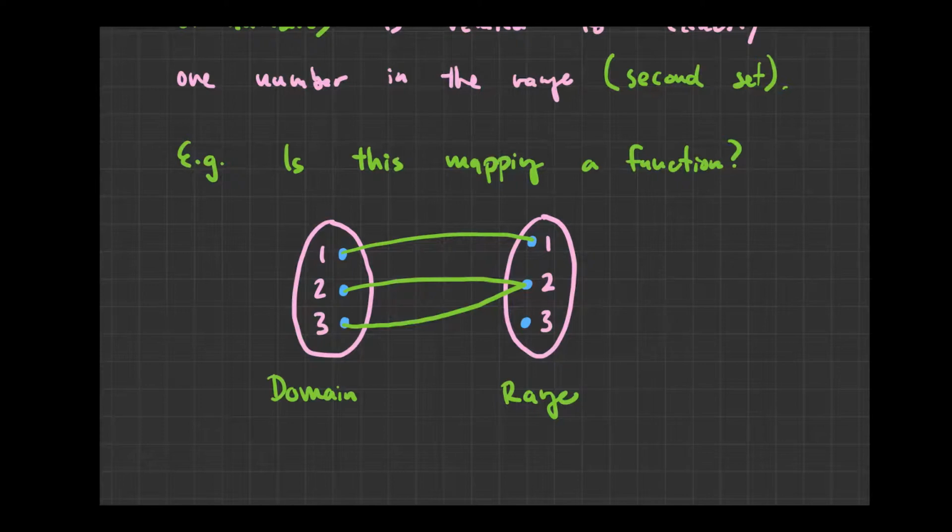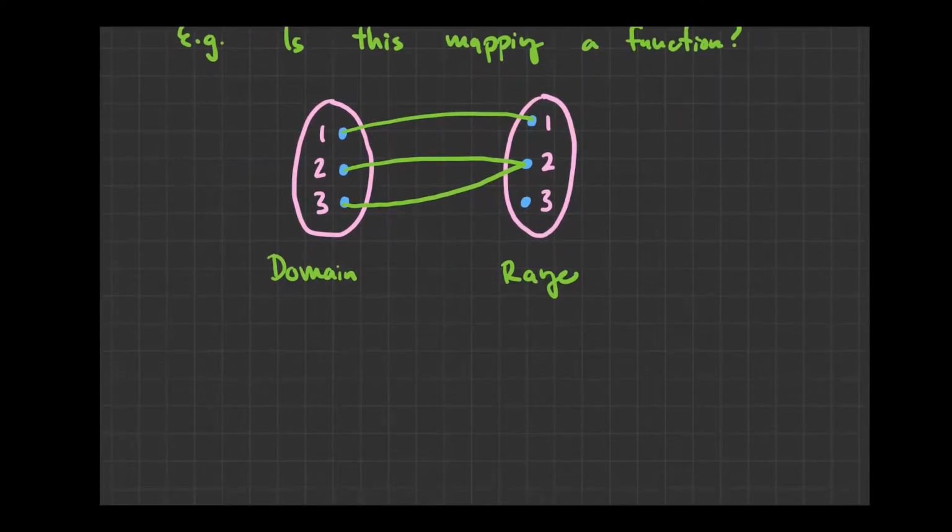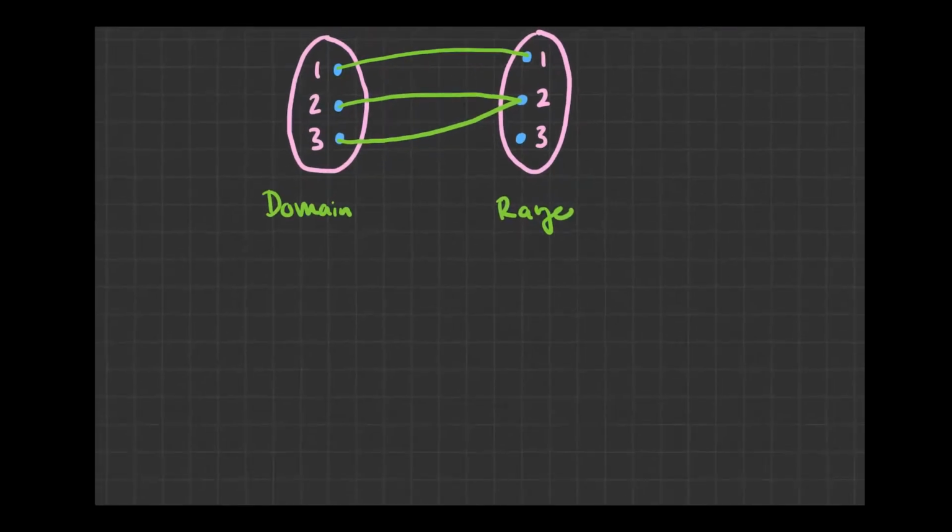That is what we would call a one-to-one function. So a one-to-one function is not just a relation, it's a special type of function.